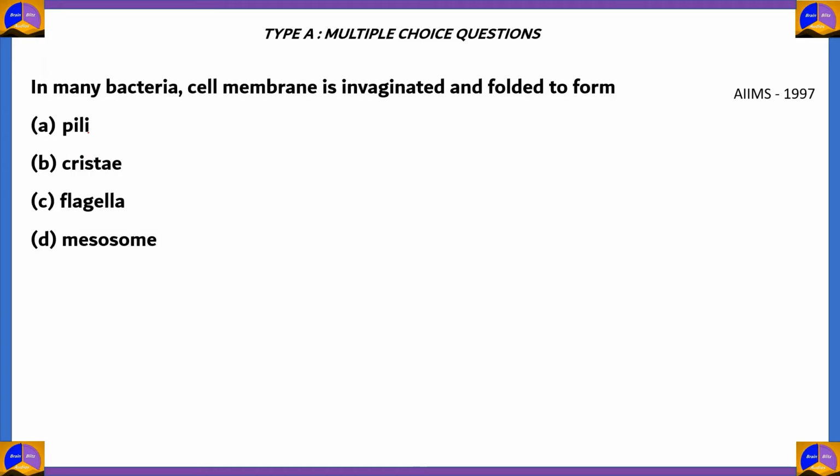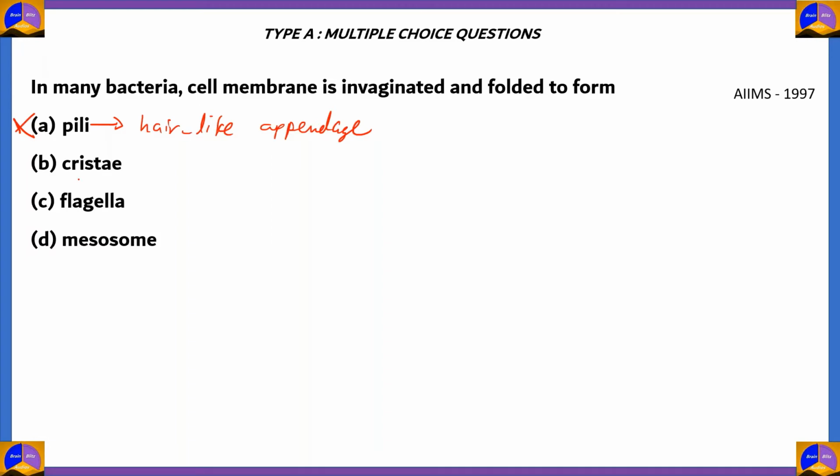The first option, A. pili, is a hair-like appendage, while our question asks for something that is invaginated by the cell membrane. This is outside the cell membrane, so option A is incorrect.